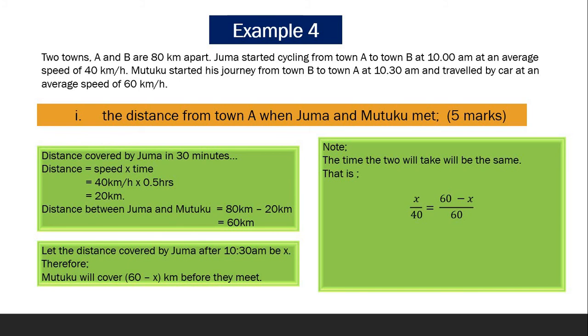So from there we cross multiply and get the value of x, so x will be 24 kilometers. So the distance from town A when the two met was 20 kilometers plus 24 kilometers. That gives us 44 kilometers.